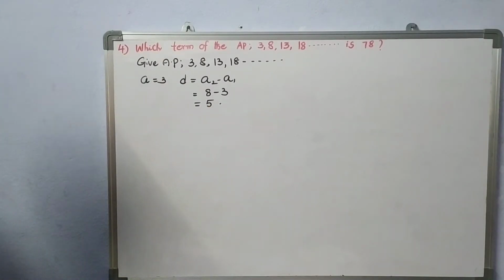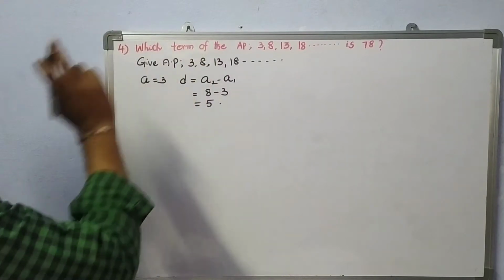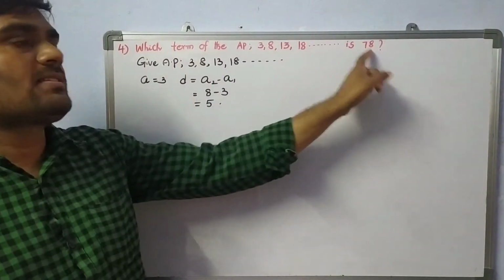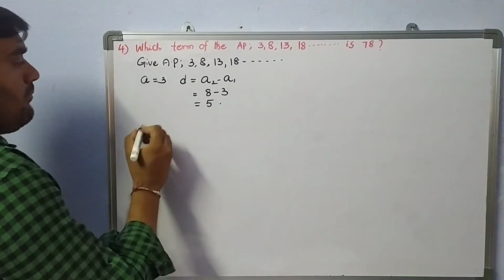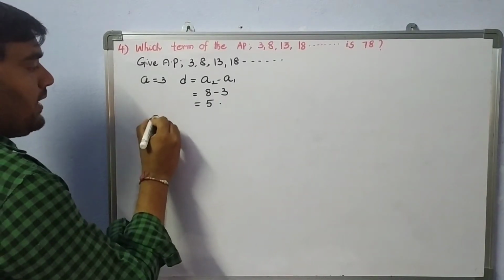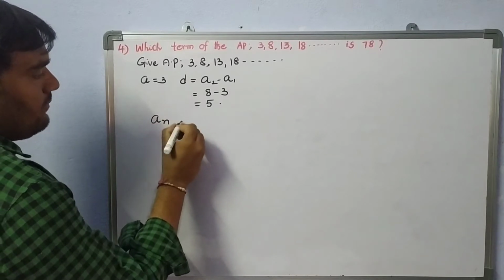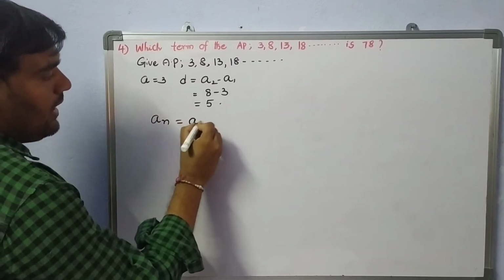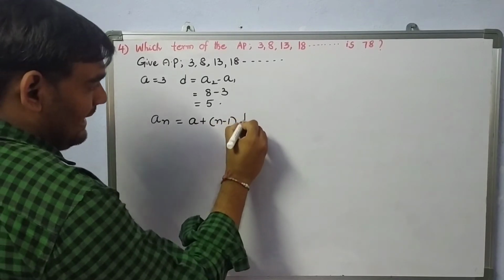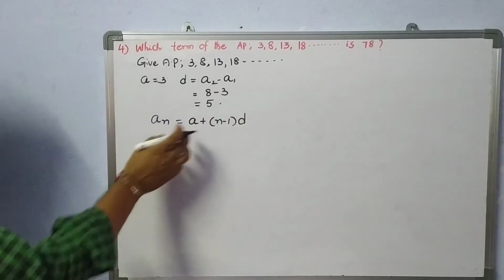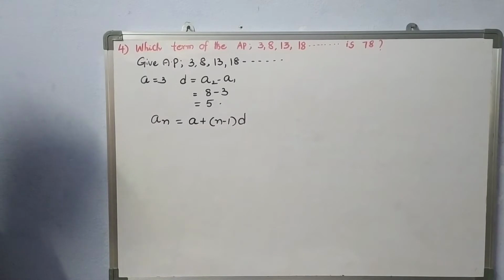But in the problem, which term of the AP is 78? So here we need to find the nth term. an is equal to a plus n minus 1 into d. This is the nth term or general term of an AP.